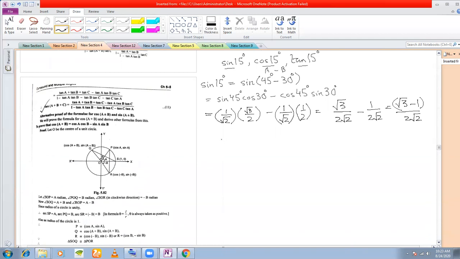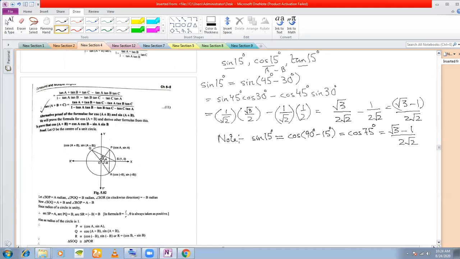Also, note that sine 15 degree is the same as cos of 90 minus 15 degree, which is cos 75 degree, a complementary angle.